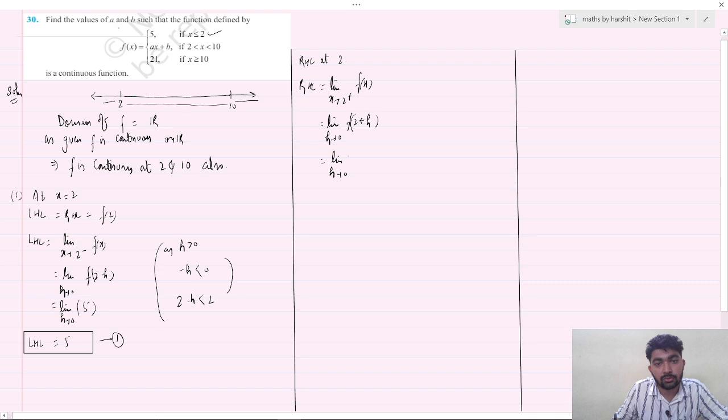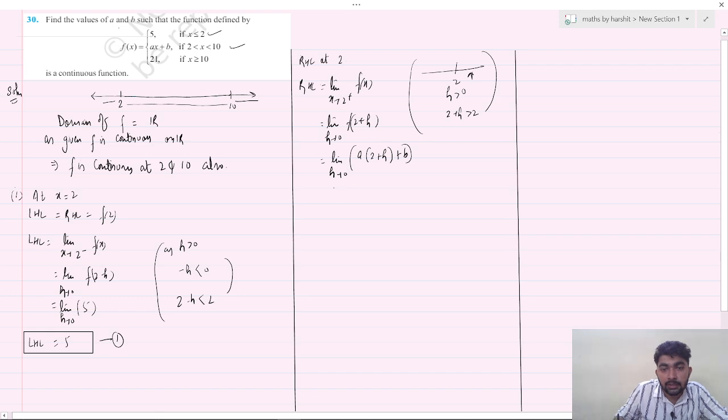What is f of 2 plus h? The value of f of 2 plus h we can find by the second piece. Here you have a times 2 plus h, plus b. Because h is a positive quantity, 2 plus h is greater than 2, so it lies in the second piece, and you already know how to find it.